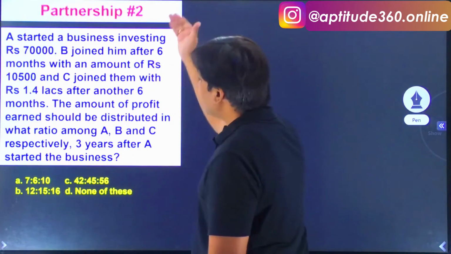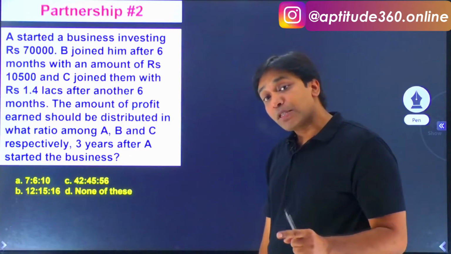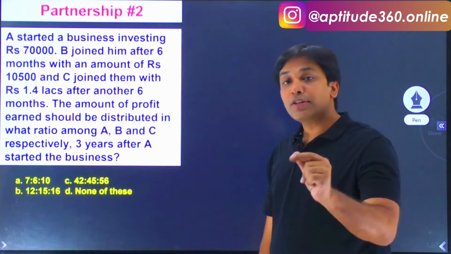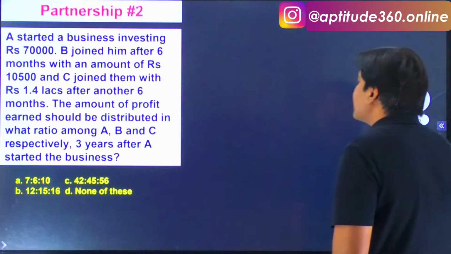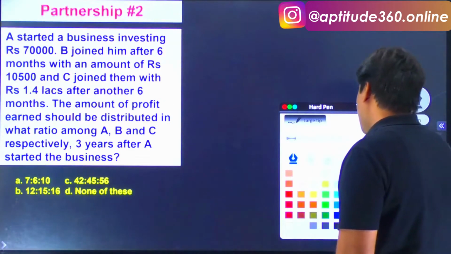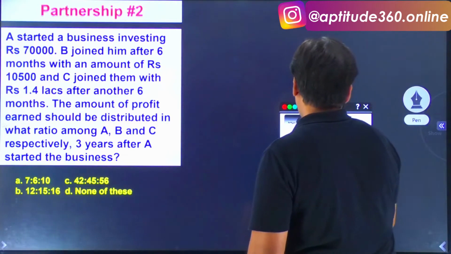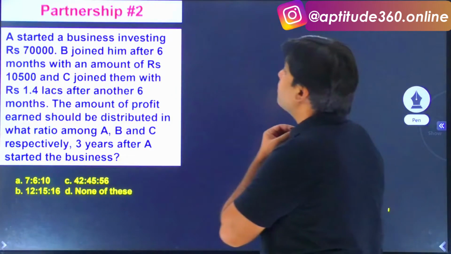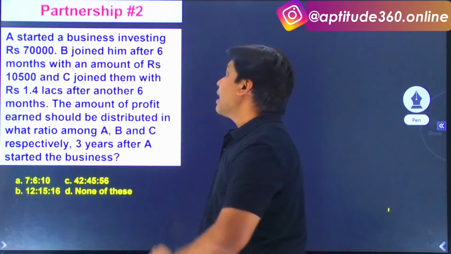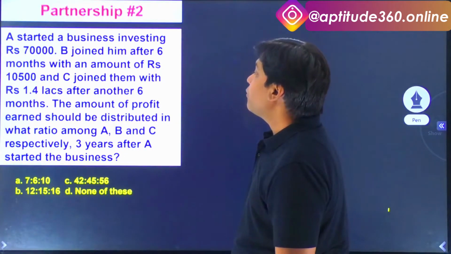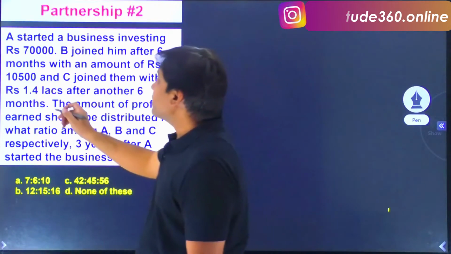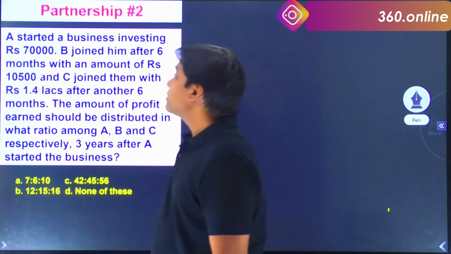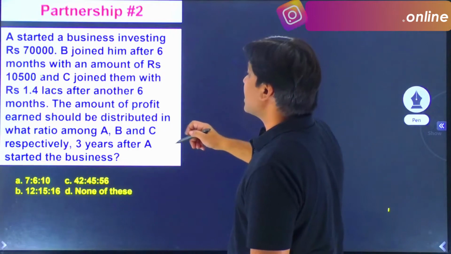A start. The problems will look big, but when you simplify them, literally these problems become simple. So now this one says that A started a business investing 70,000. A started the business with how much? 70,000. B joined him after 6 months. So for 10,500, and no, that's not 10,500, it's a calculation mistake.